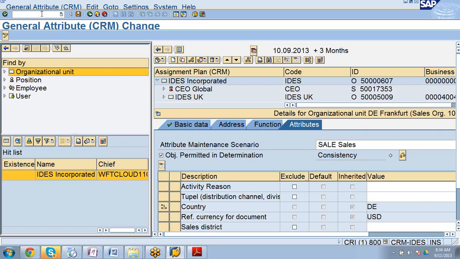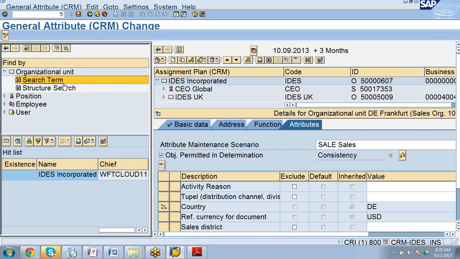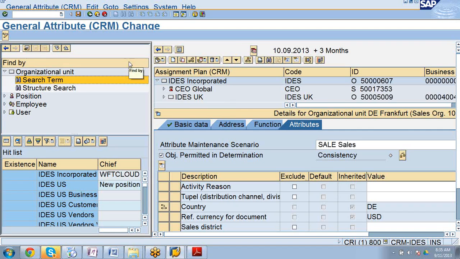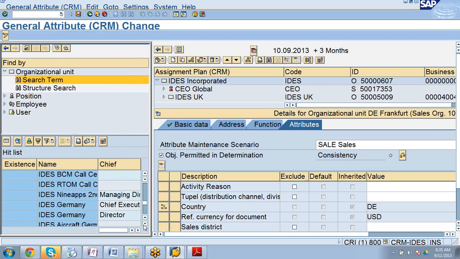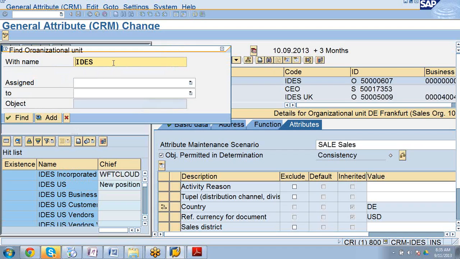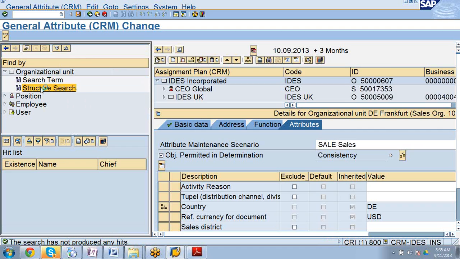Then click on search. There are two types of search.